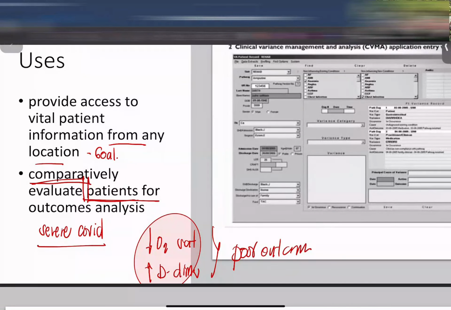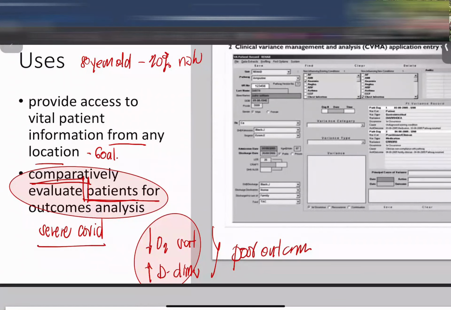Okay? Marami din tayong research, class, na gumagawa ng ganito. So there are already researchers, for example, that will be able to tell you, at the age of 80, okay, 80 years old, you are at 20% risk of dying on the OR table if you will undergo this procedure.